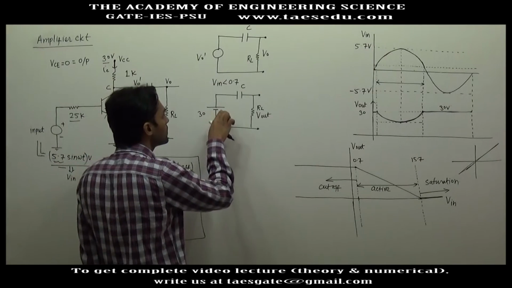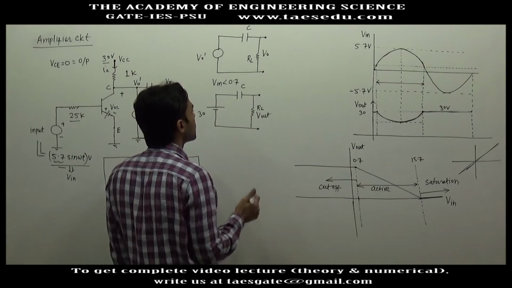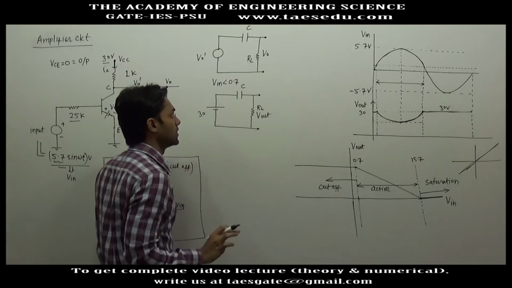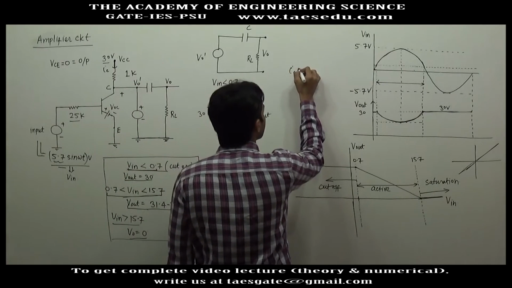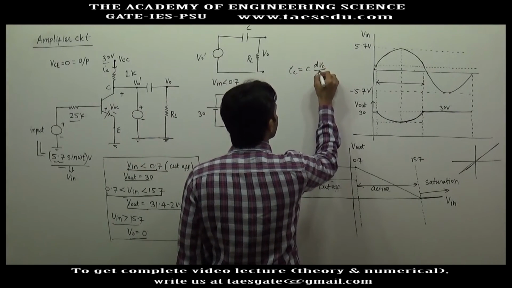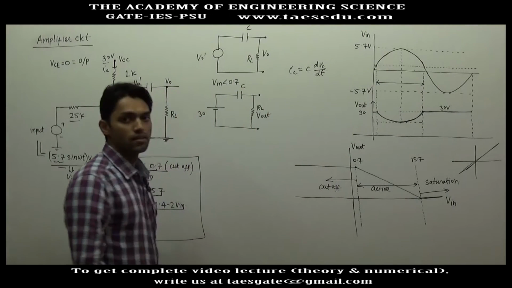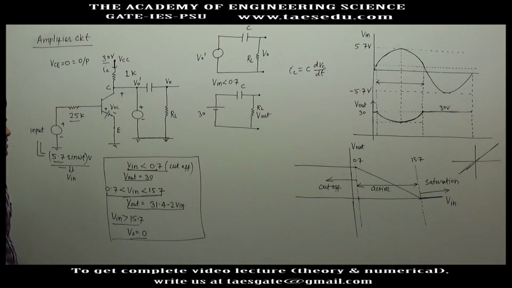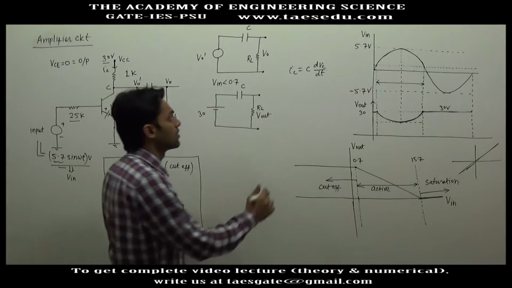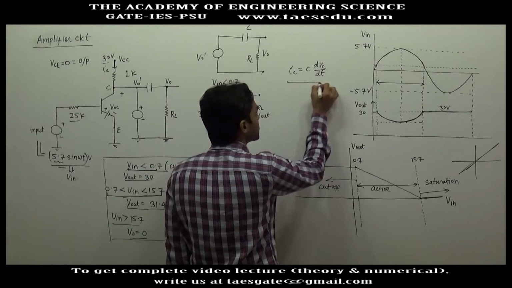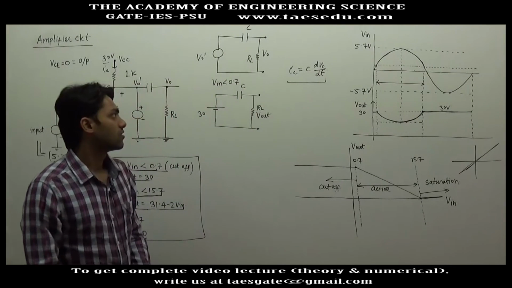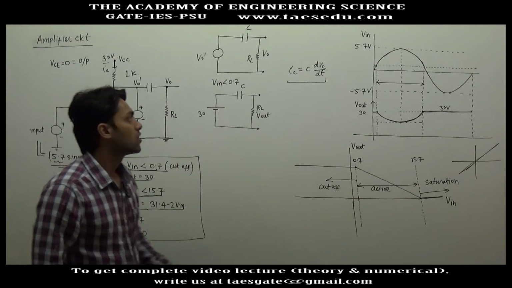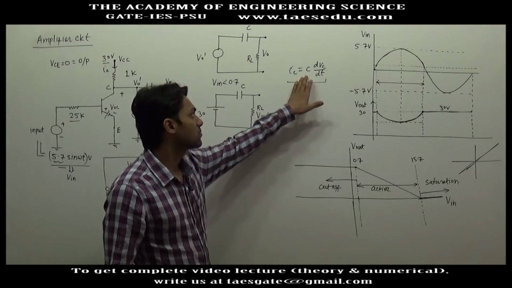Now if you have a DC source here, in a steady state what will happen? In a steady state, the capacitor will not allow any current. Current through a capacitor is C dVc by dt. I would have discussed in network that for a DC circuit, the meaning of a steady state is that every voltage and current becomes constant.